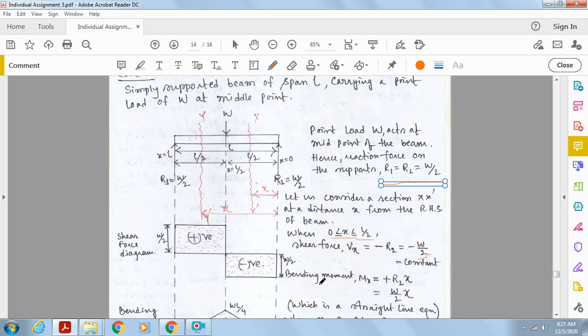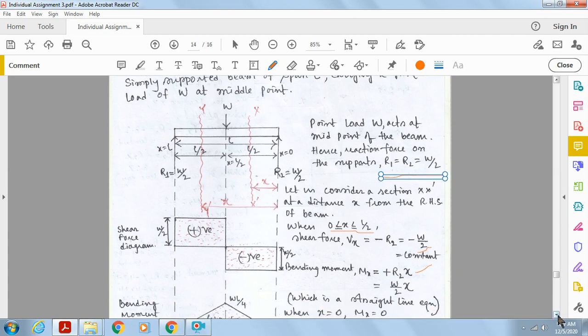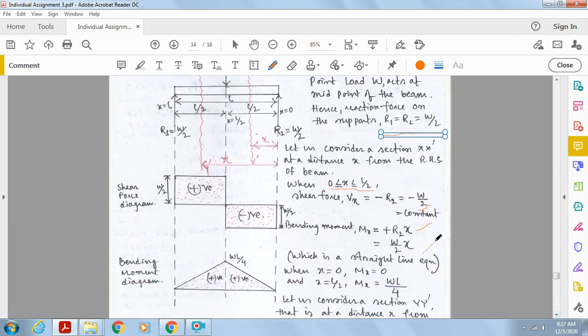Similarly the corresponding bending moment value will be R2 into x, positive as per the sign convention, so it is coming W/2 into x. When x equal to 0, Mx equal to 0, and when x equal to L/2, Mx equal to W/2 times L/2, that is WL/4. So I located these 2 points on the bending moment diagram, 0 and WL/4, and these 2 points are joined by means of a straight line, as it follows a straight line.